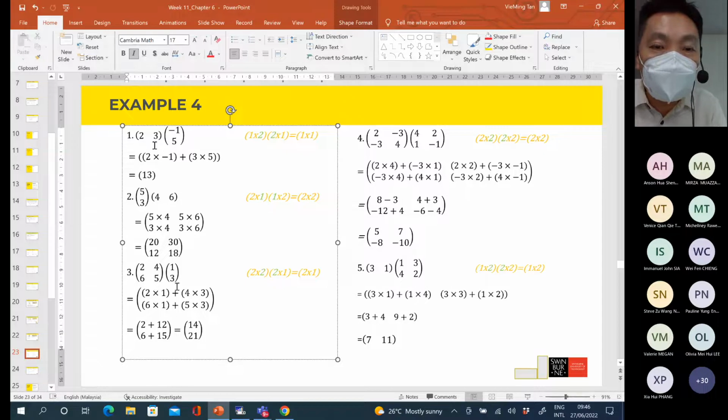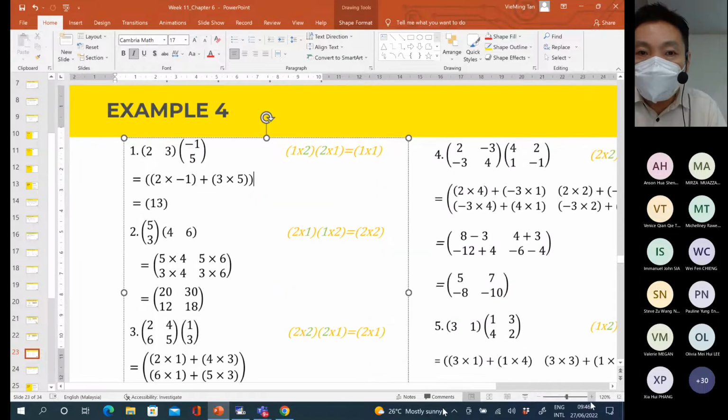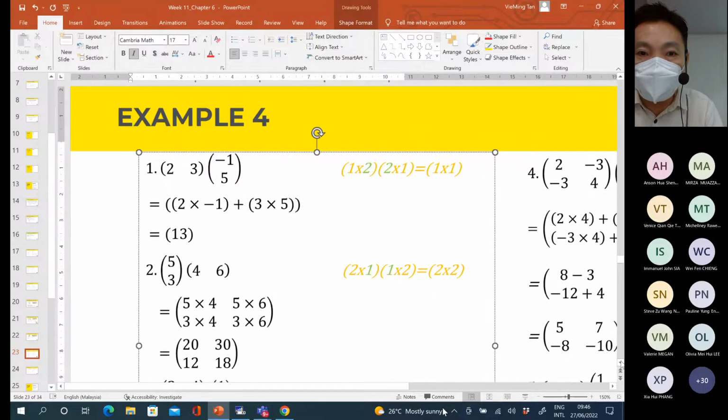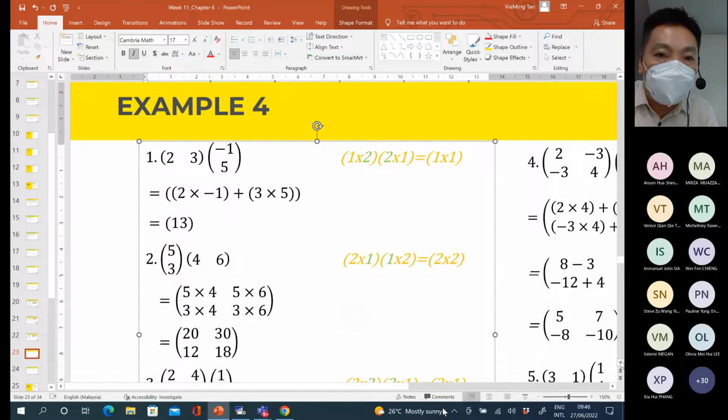Question 2. I try to increase the size so that those who sit at the back can see. Question 2 is we are asked to multiply 5, 3, and 4, 6.